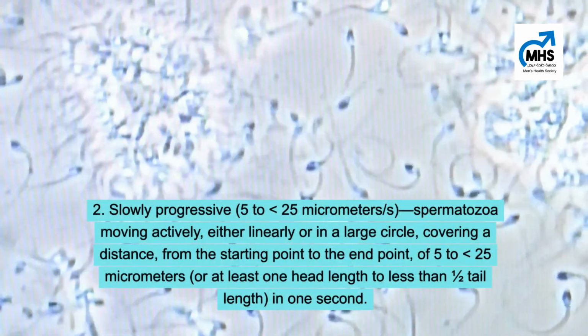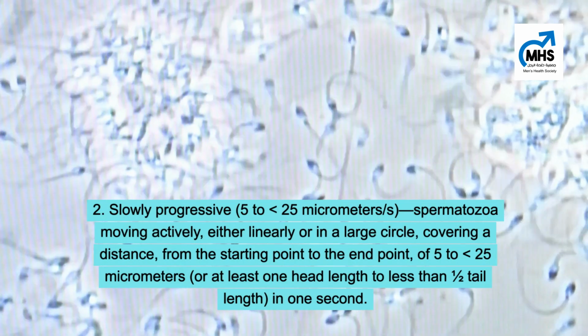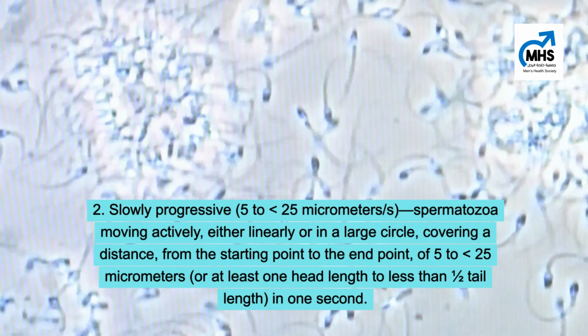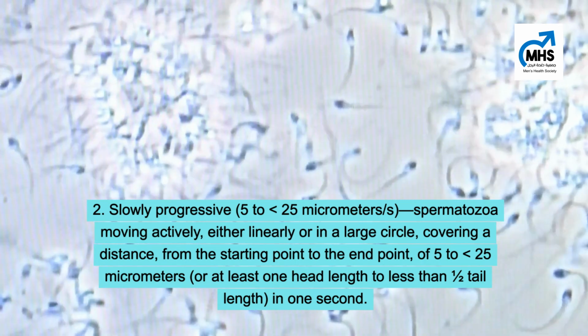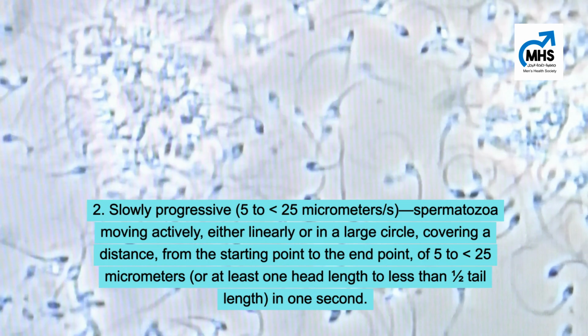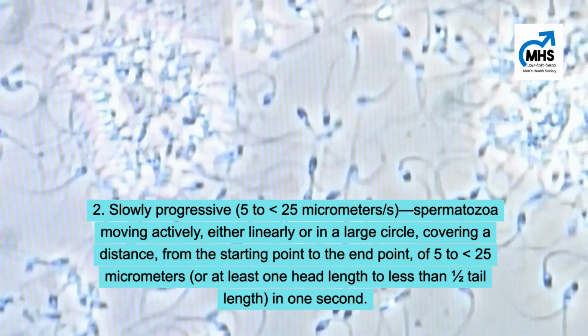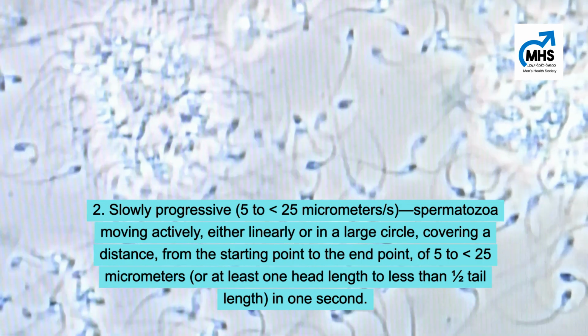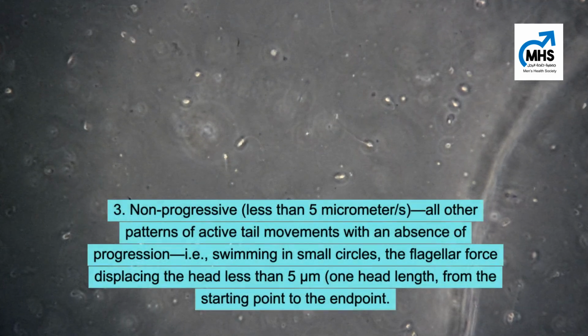2. Slowly progressive, 5 to 25 micrometers per second: spermatozoa moving actively, either linearly or in a large circle, covering a distance from the starting point to the end point of 5 to 25 micrometers, or at least 1 head length to less than a half tail length in 1 second. 3.